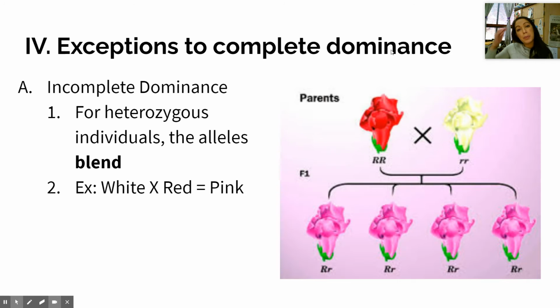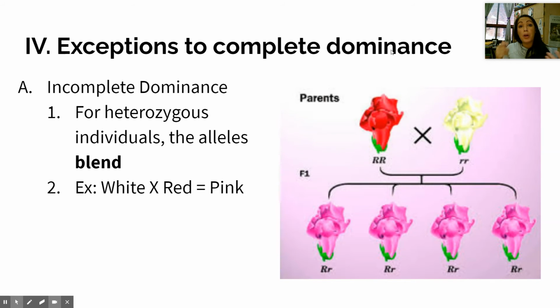An example would be if I were to take a red flower and a white flower and cross-pollinate them. You're not going to end up with red or white or some red, some white. You're going to end up with a blend of the two. For heterozygous individuals that have both traits, you'll see a blend of the two. A blend of red and white is pink.